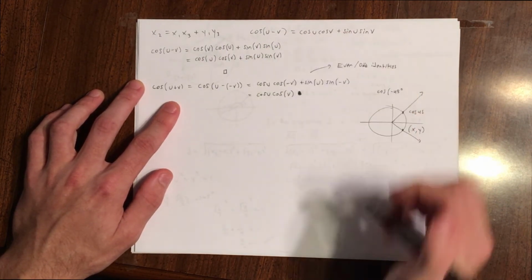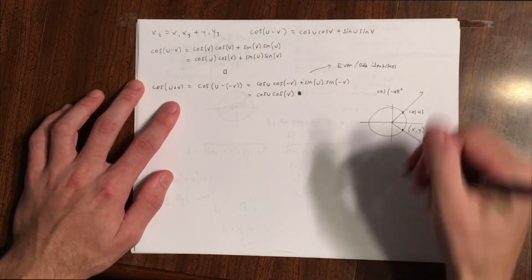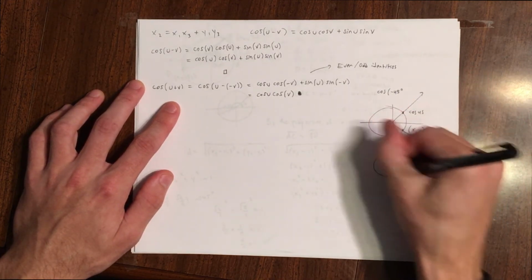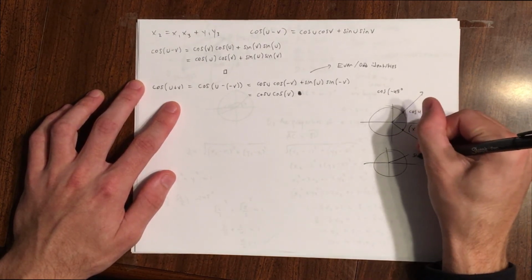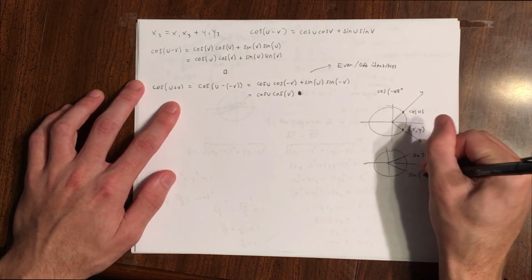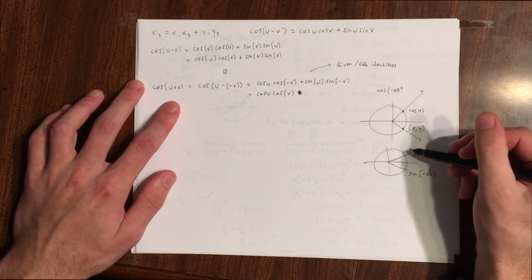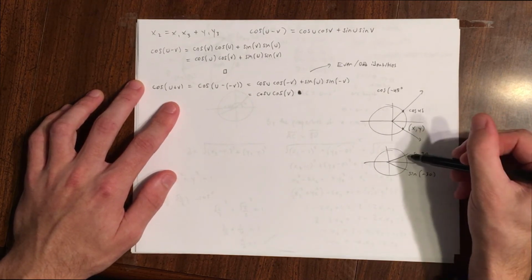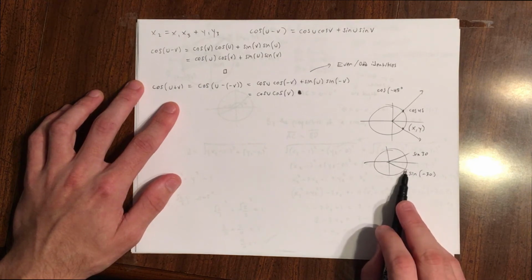However, for sine of minus v, I'm going to draw another unit circle. Let's look at sine of 30 degrees and sine of minus 30 degrees. Well, here our y value would be positive 1/2, but also negative 1/2 here, right?